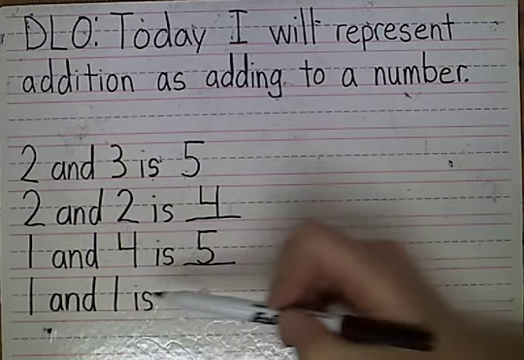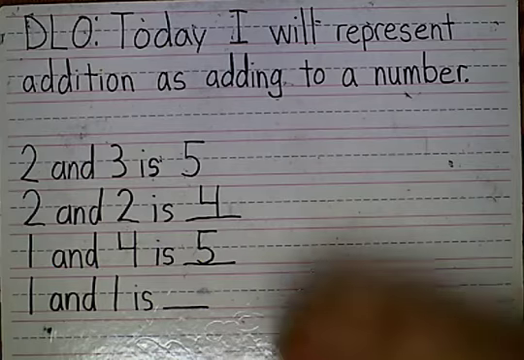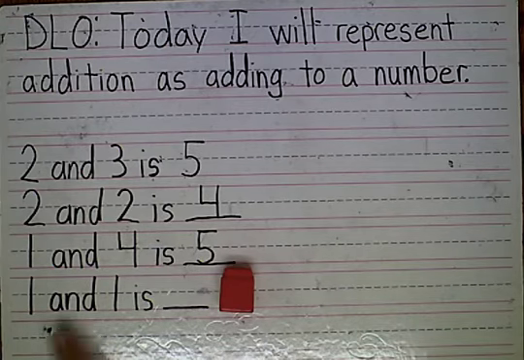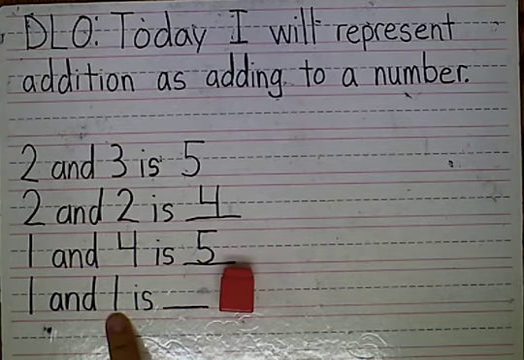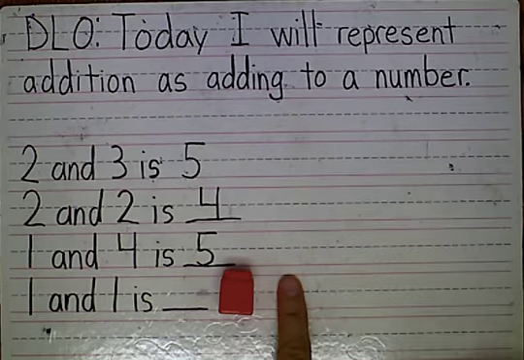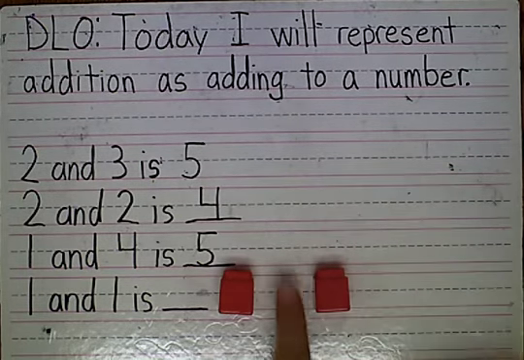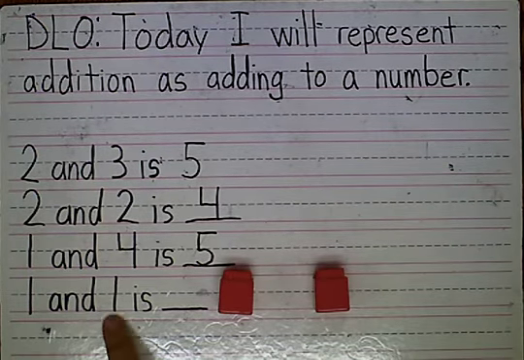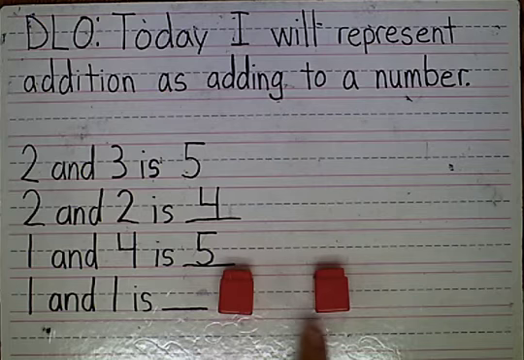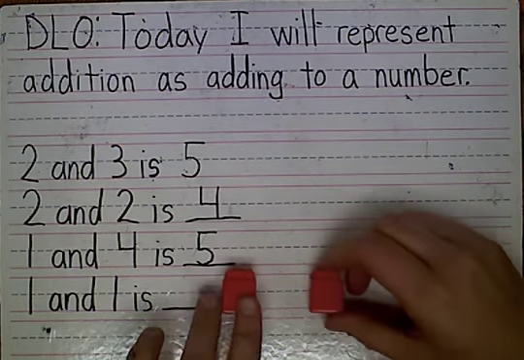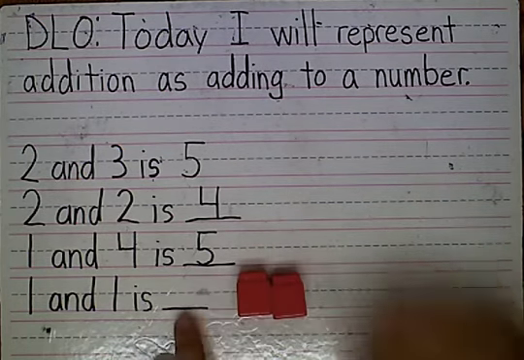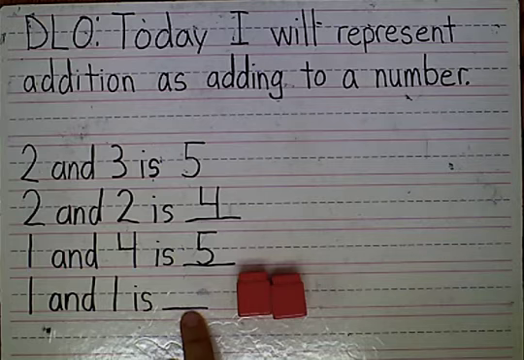We need to figure it out. How many do we need to build first? 1. And how many more? 1. So I'll use a finger space. 1 and 1. I built that. Let's push them together and find out our sum, the solution.